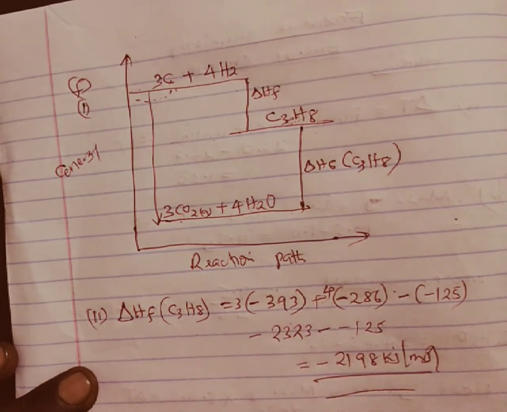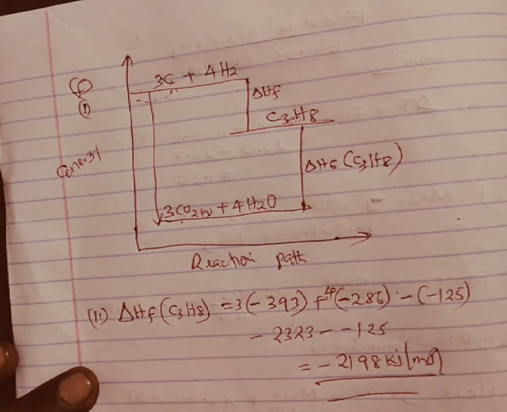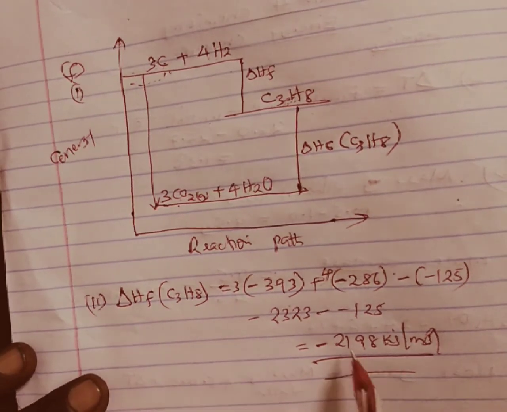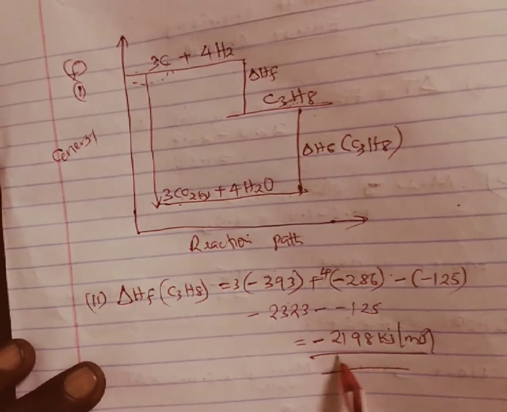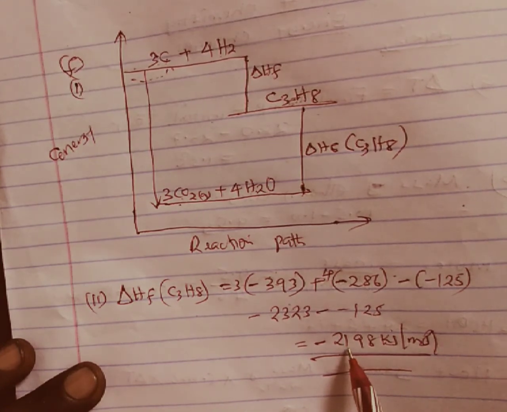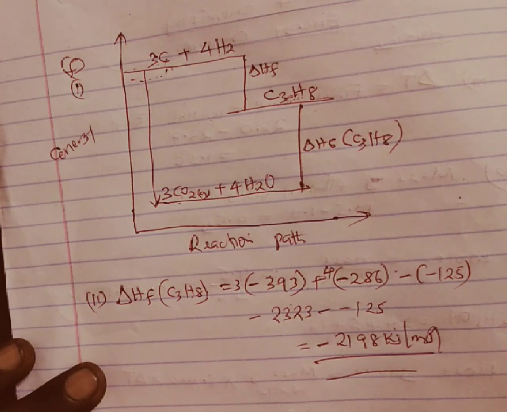That is negative 393 times 3, and that is the answer to Roman 2 of part F, negative 2198 kilojoules per mole, and that is the enthalpy heat change of formation of propane.